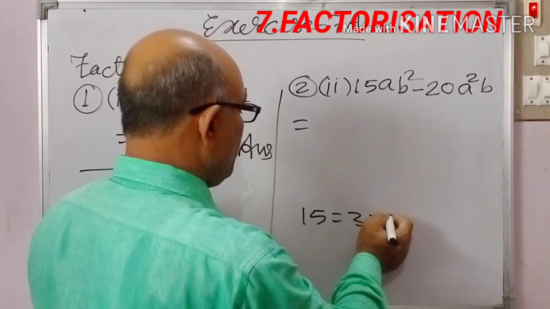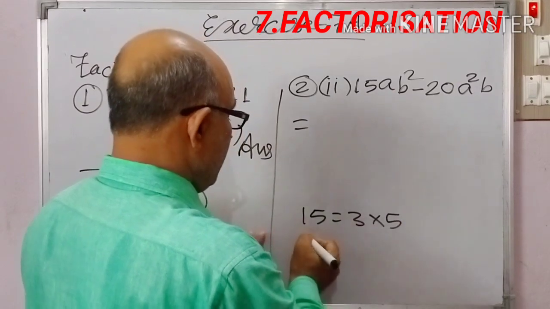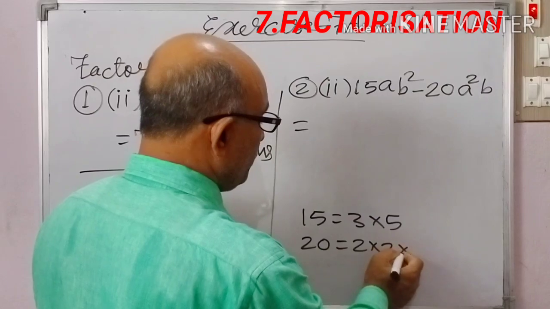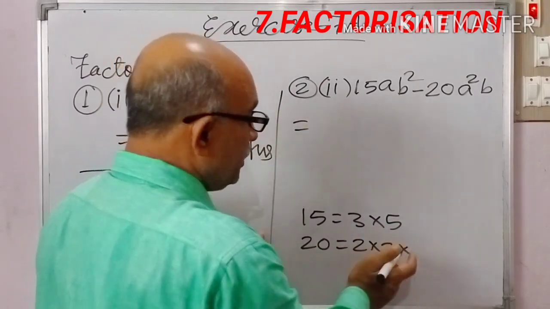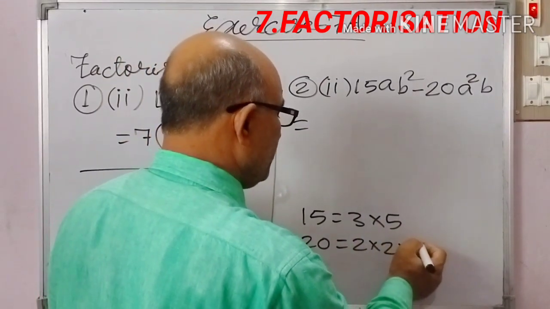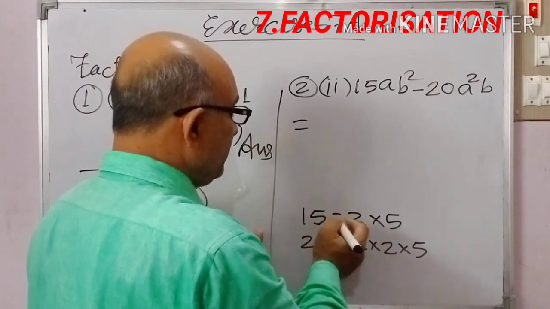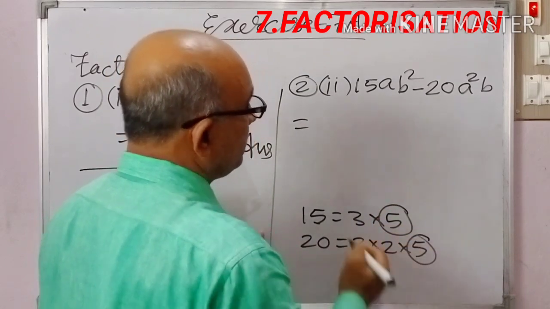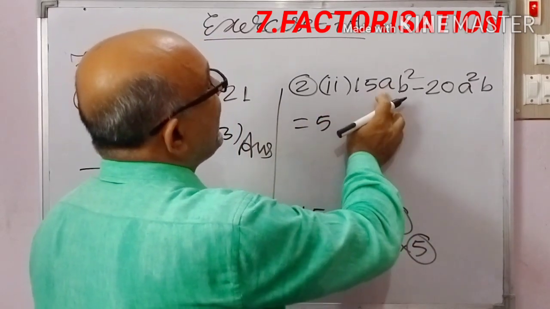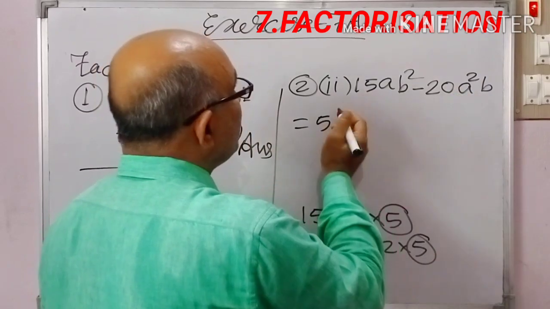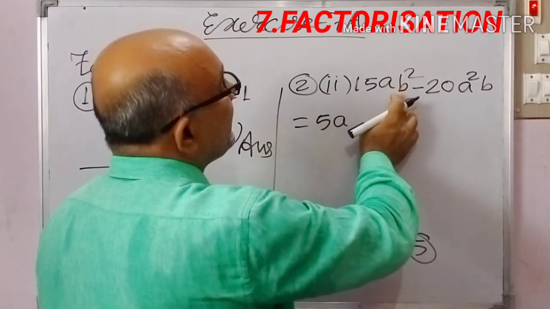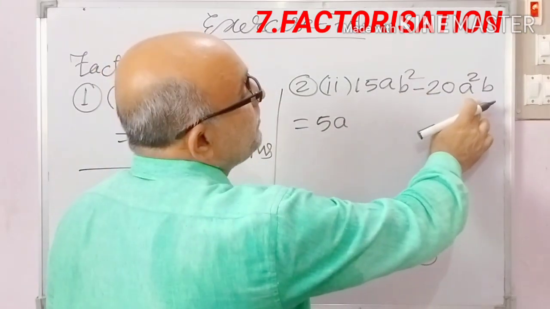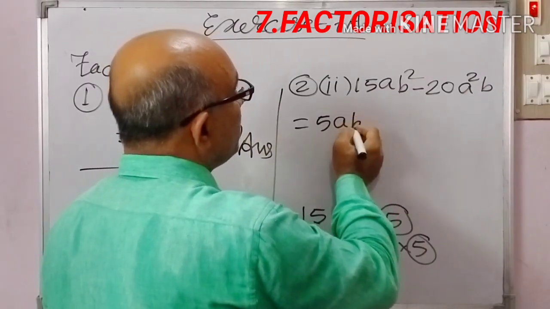Here 15 means 3 into 5, and the factors of 20 are 2 into 2 into 5. The factor of 15 is 3 into 5. So common is 5. Now in a square, a is also common. In this term b square is b into b, and in this term b, so b is common.